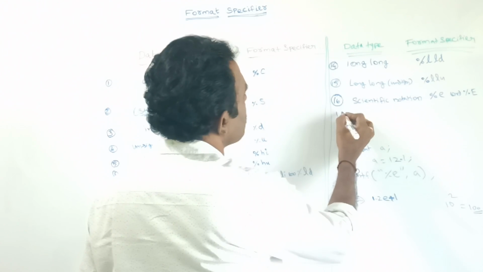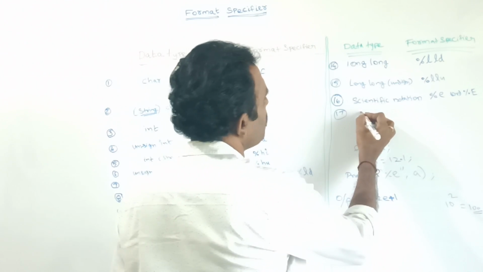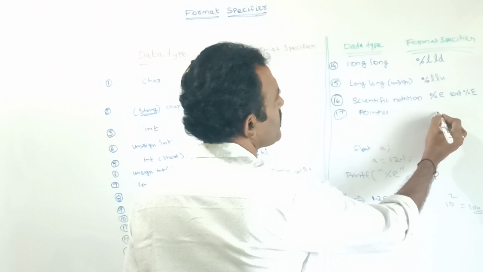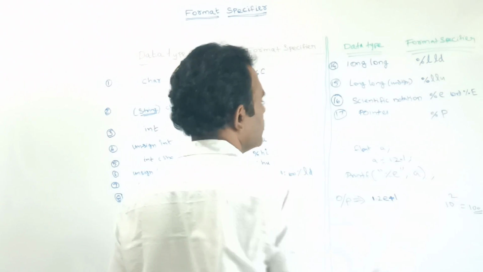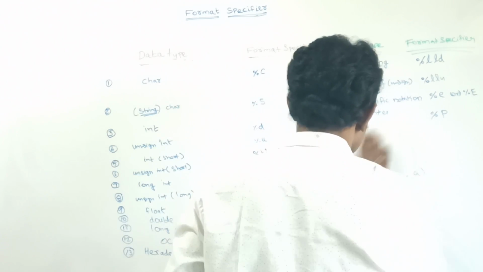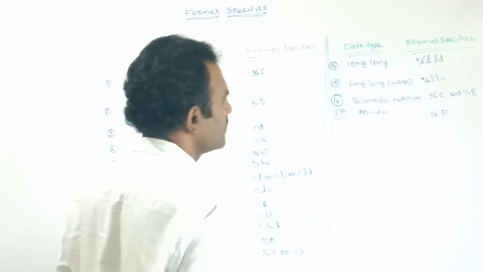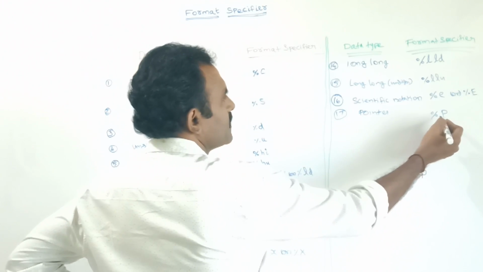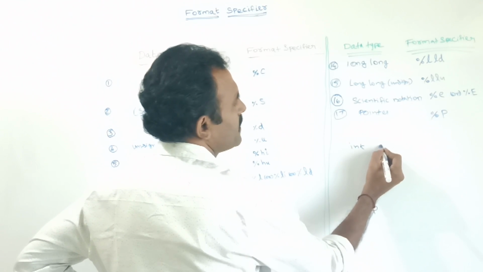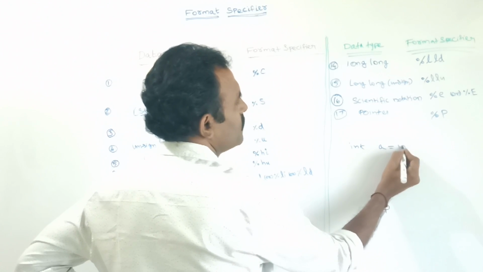Next, the 17th one, the pointer data type. The %p is used to display the address of a variable, for example a pointer. Here I am declaring an integer a. It holds the value 10.